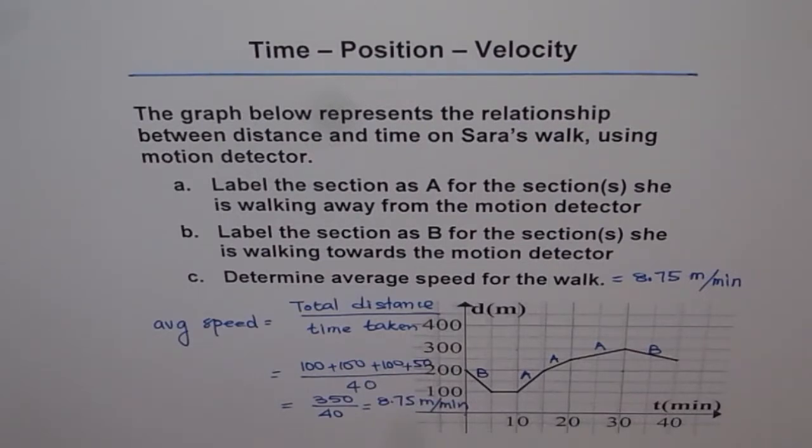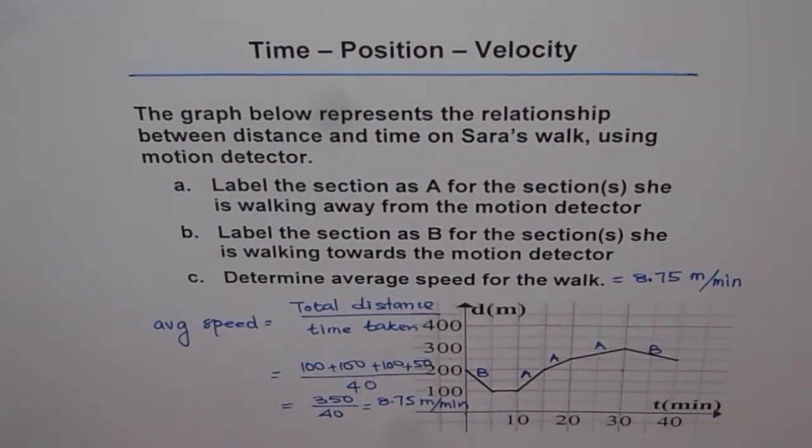And if distance is increasing, then the person or the object is going away from the motion detector. And if we have a horizontal line like shown here, during this time the distance remains the same, so the person is not moving, right? So that is how a distance and time graph can be analyzed. I hope you understand and appreciate. Thank you.